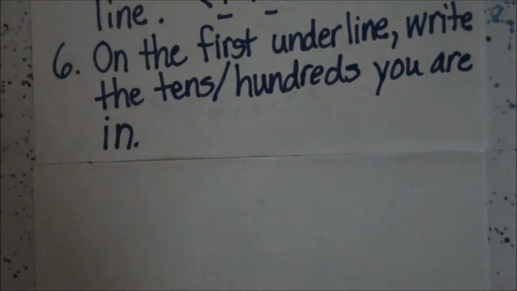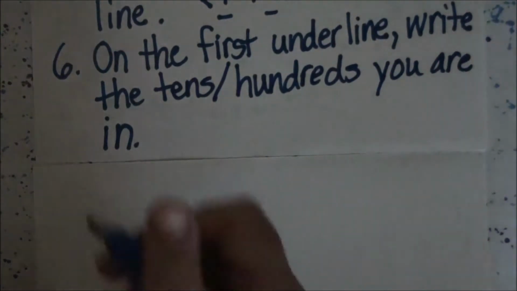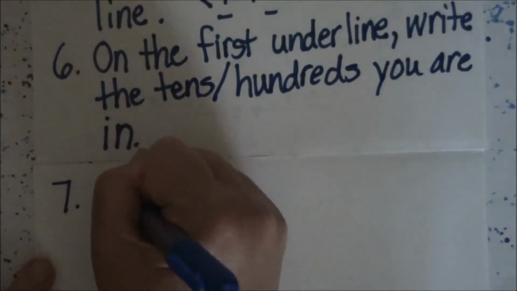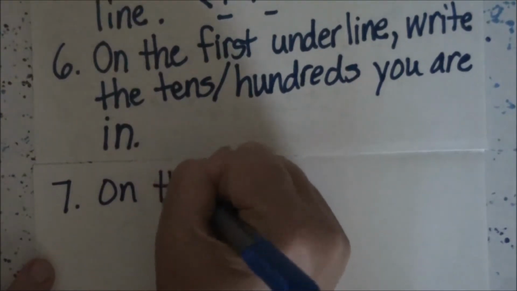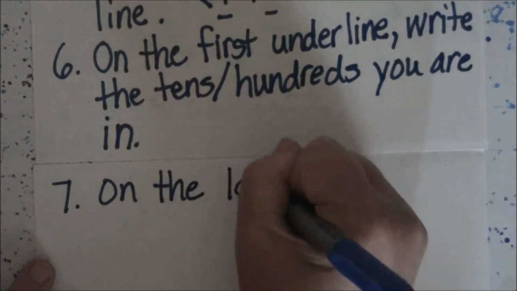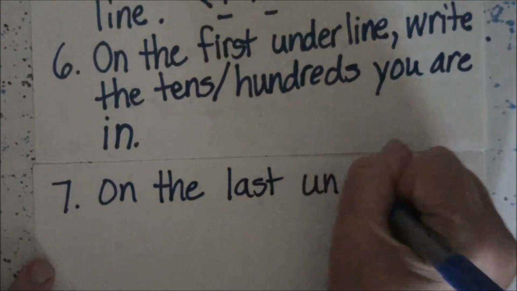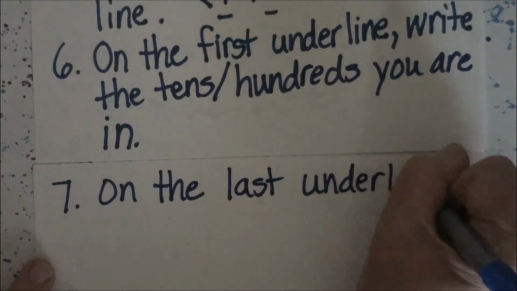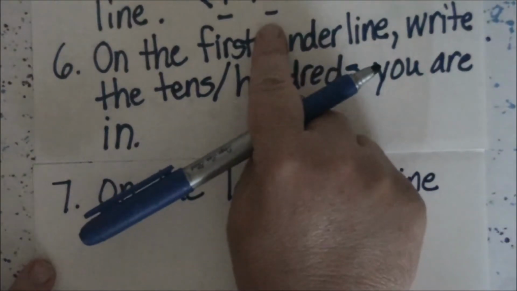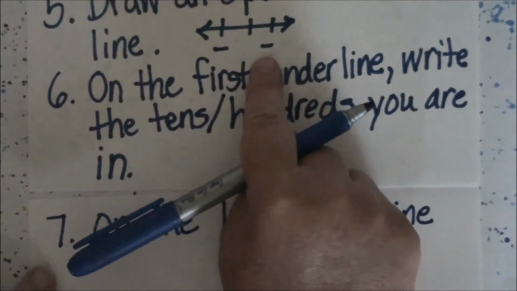Number 7. On the last underline, that's the second one over here, right there.